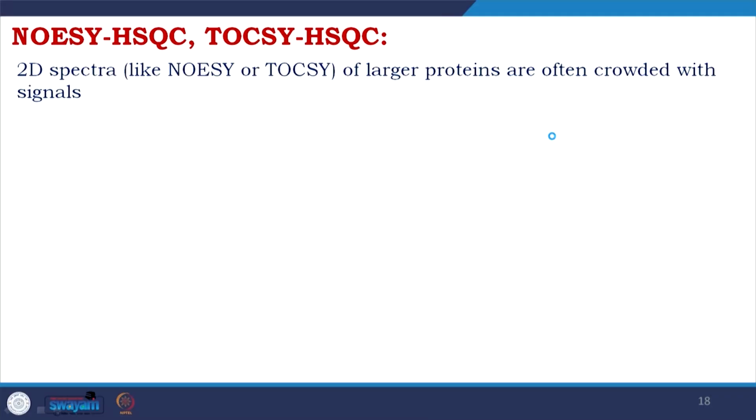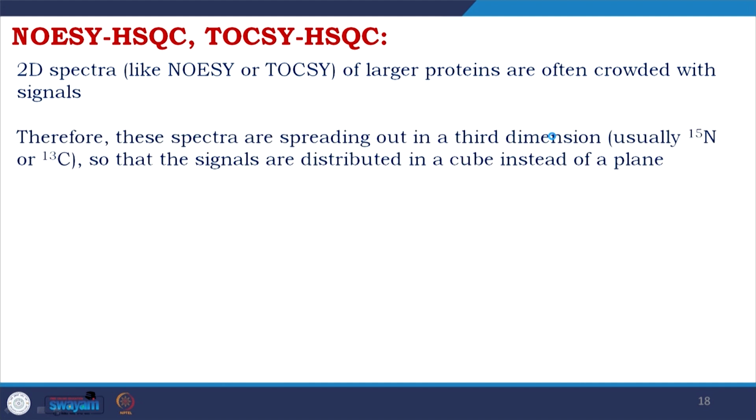So, when we are taking 2D NOESY-HSQC or TOCSY-HSQC, 2D spectra like NOESY or TOCSY of larger proteins are often crowded with signals, because the higher the size of the protein, the more signals there are, as well as less tumbling. You have to understand that.